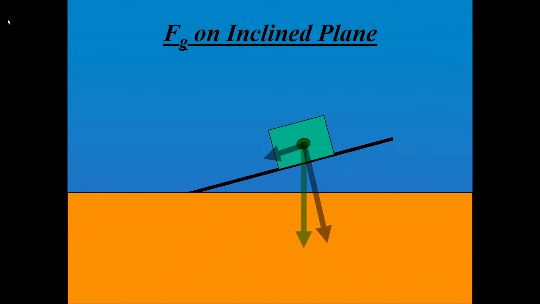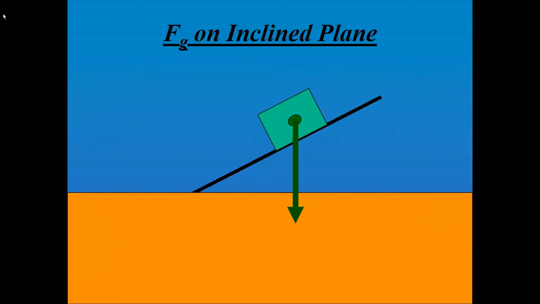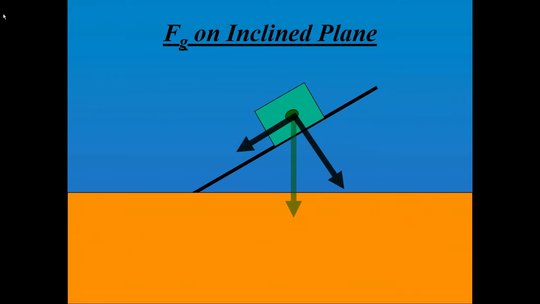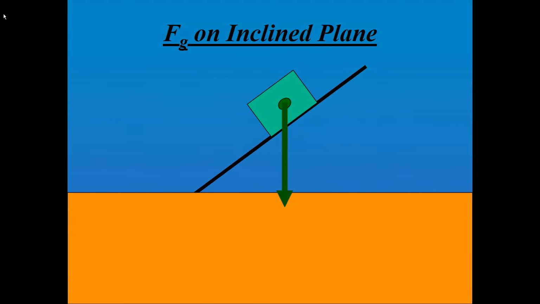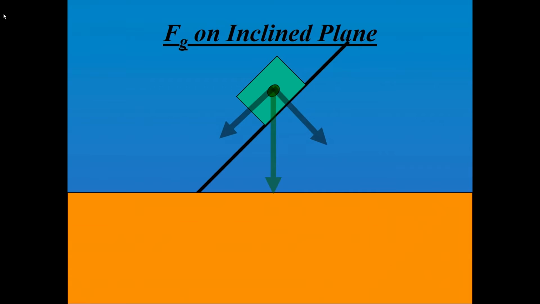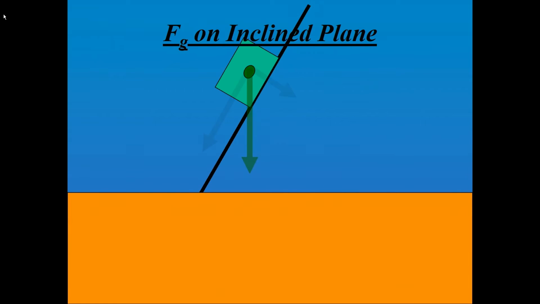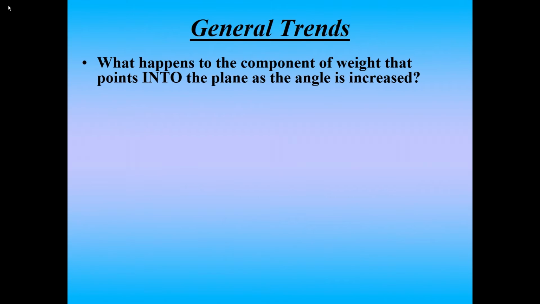You'll notice that the perpendicular component starts long and the parallel component starts shorter. And we'll see that this perpendicular component continues to get shorter as the parallel component continues to get longer. And eventually, if we get high enough up, the object will slide down due to having the very large parallel component.